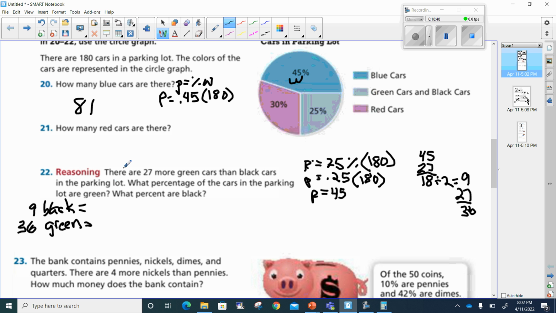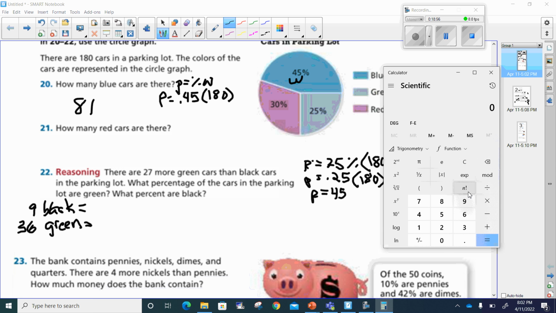So since we have 180 cars, first I'm going to have to take 9 and divide it by 180. And that's going to give us 0.05. You might say, why did we do that? Remember, the formula is part equals percent times whole.